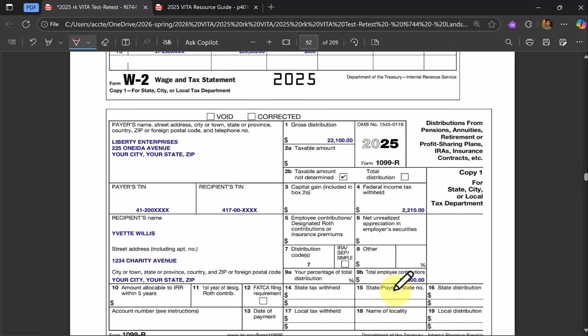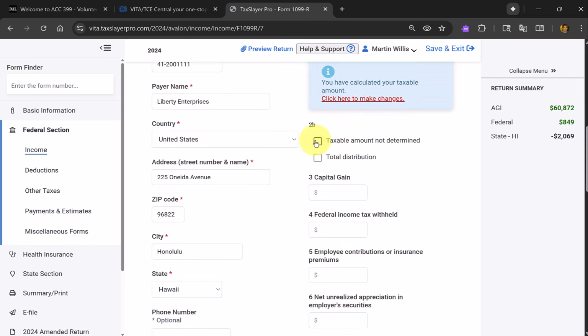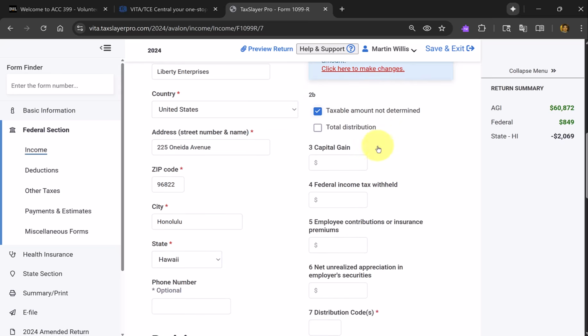I think this is picked up already, but let me double check. Not determinable. Again, this is not really that important because we've already done this here.